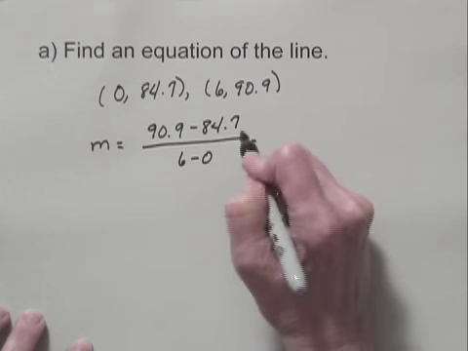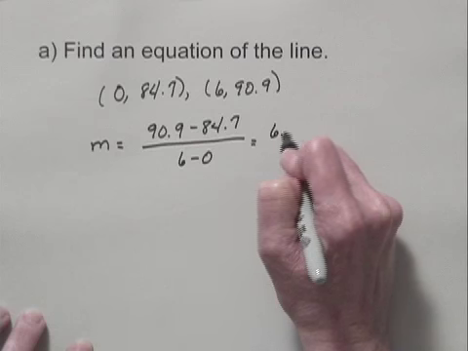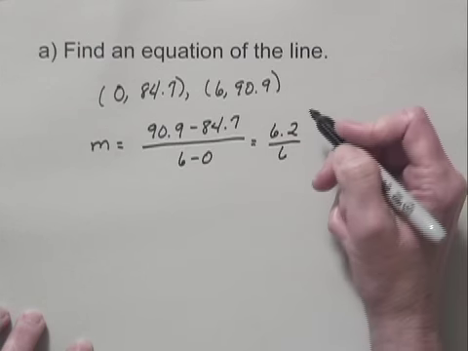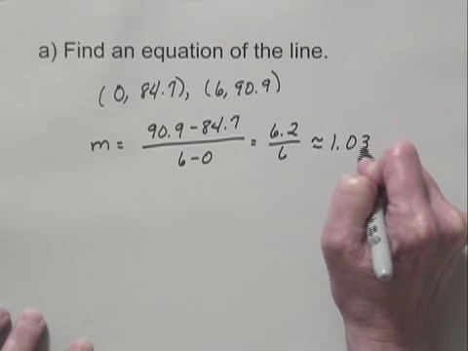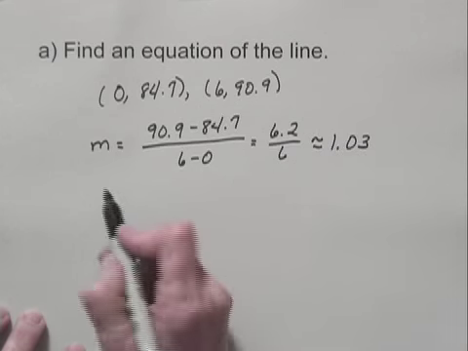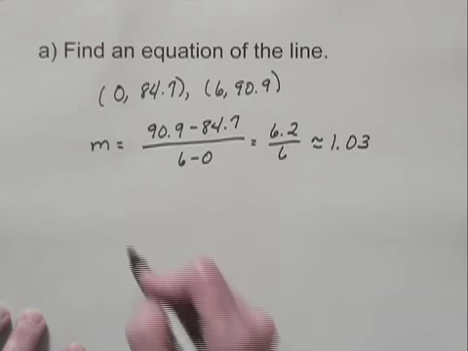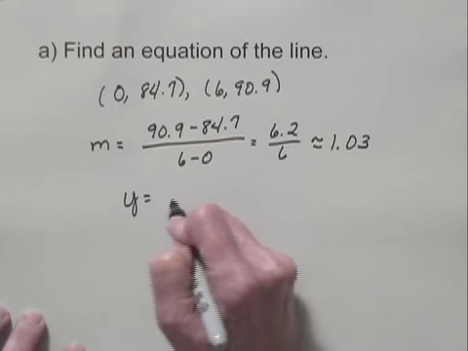When I subtract in the numerator, I get 6.2, so I have 6.2 over 6, and that's approximately equal to 1.03.